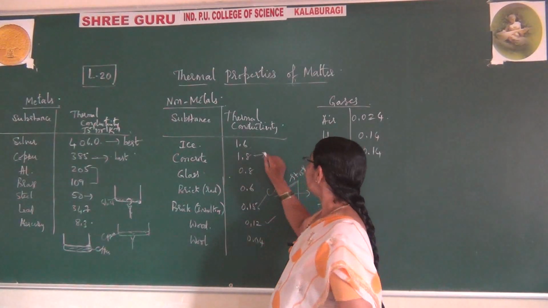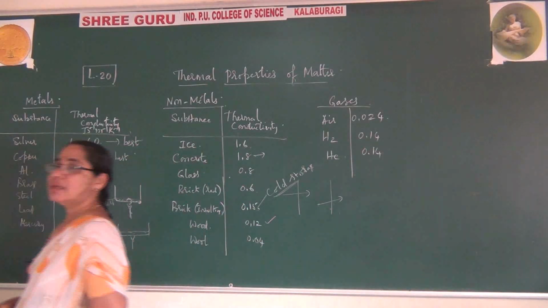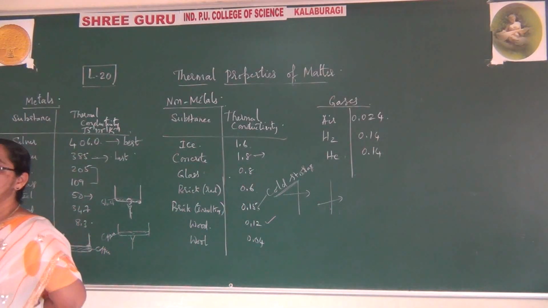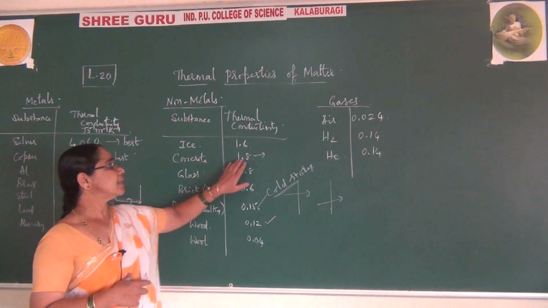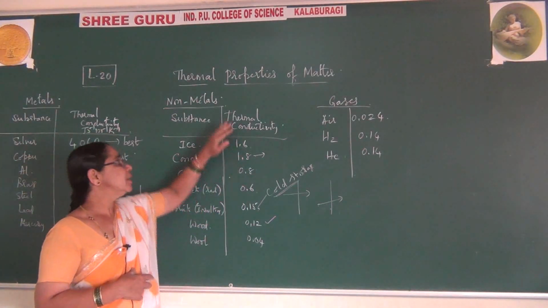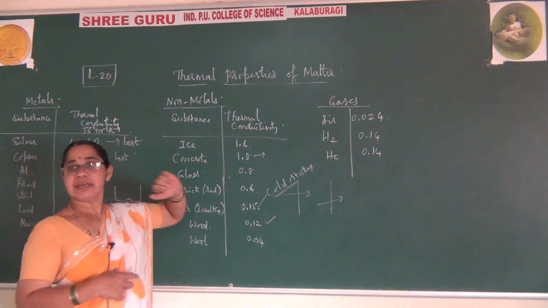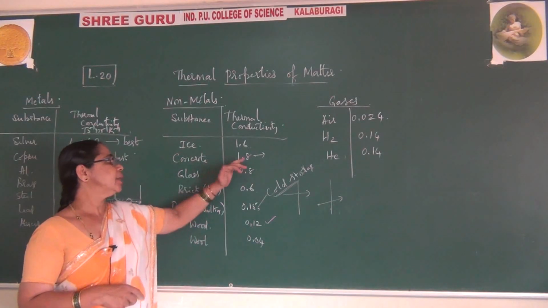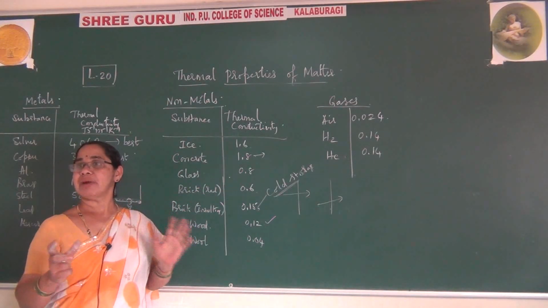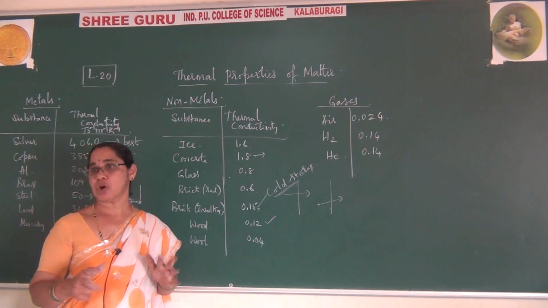In summer, concrete conducts more heat compared to brick houses, where it conducts heat very easily, hence you feel very hot in summer. During summer these concrete houses will feel very hot.